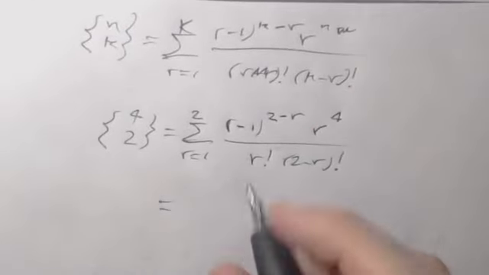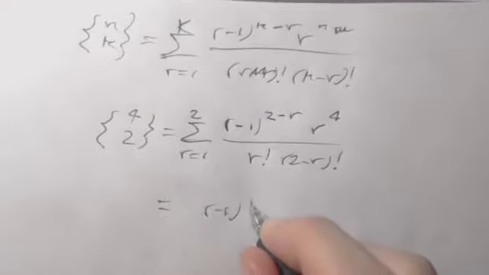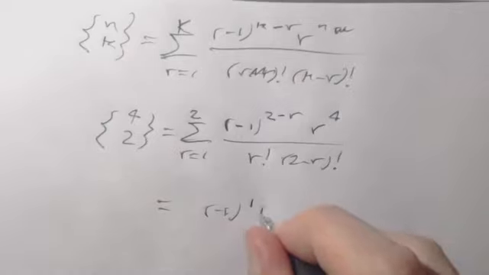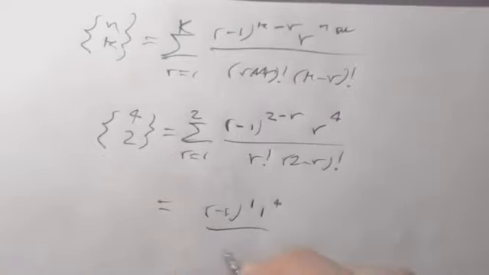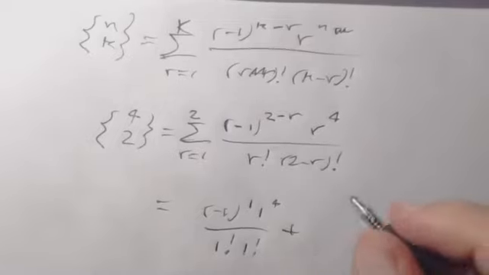When r is 1, this is minus 1 to the 1 times 1 to the 4 over 1 factorial times 2 minus 1 factorial, plus the case when r is 2.